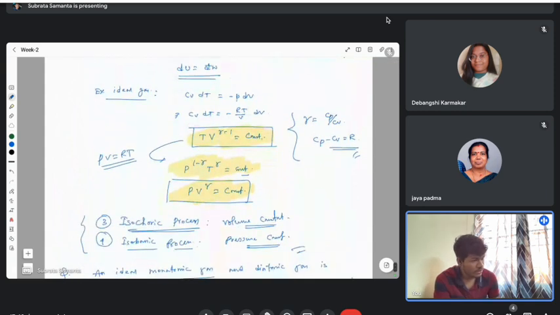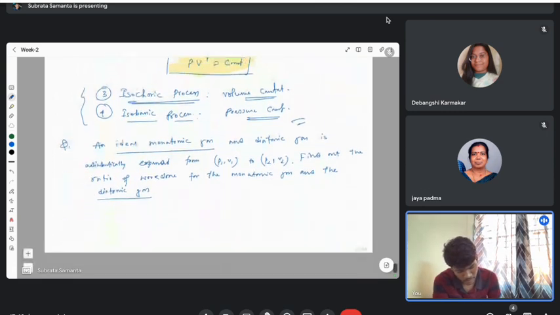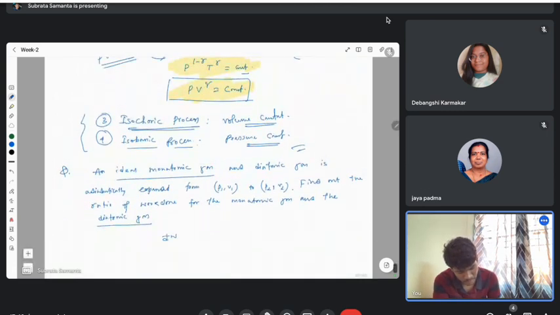In general, I have written the expressions. We calculate the work done: dW is minus PdV, and the volume goes from V1 to V2, right?